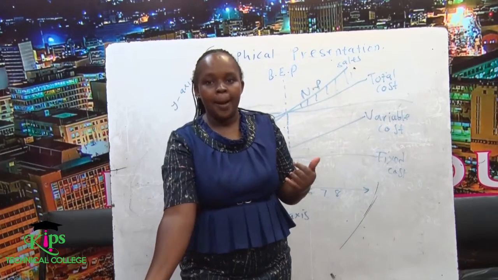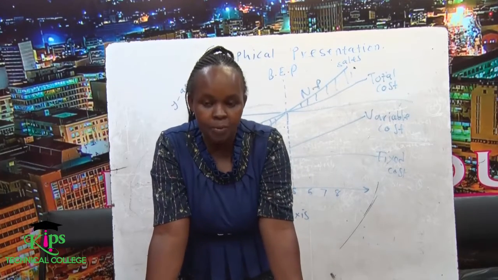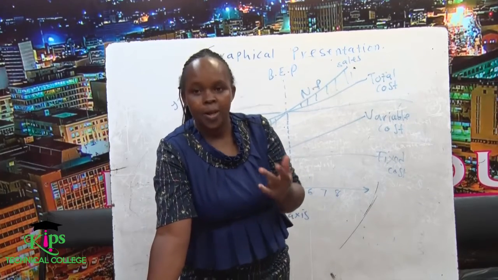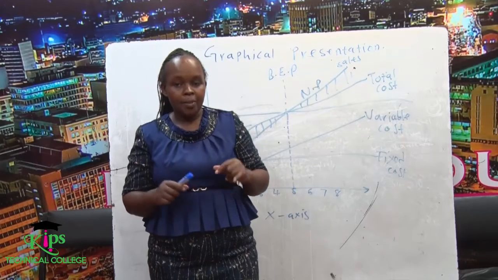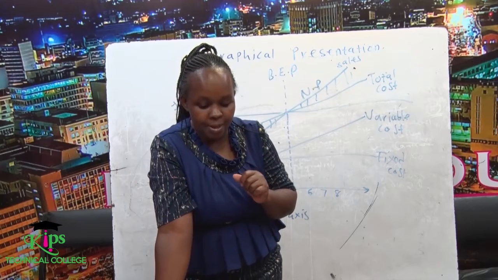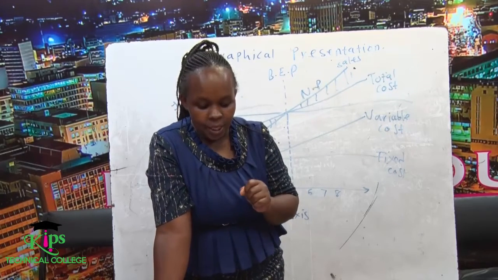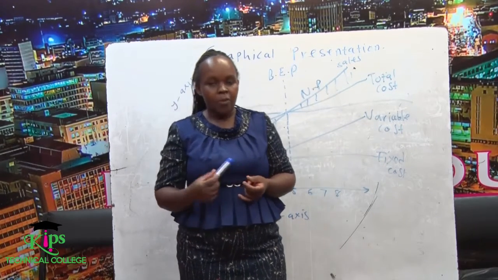Based on their behavior, we have the fixed cost, the semi-fixed cost, and the variable cost. The break-even analysis will be analyzed based on their behavior. That's why we have said, what level of sales is needed to cover the fixed cost of a unit?